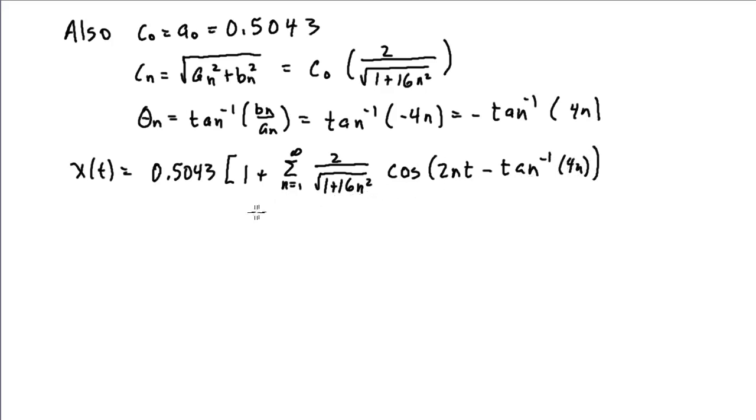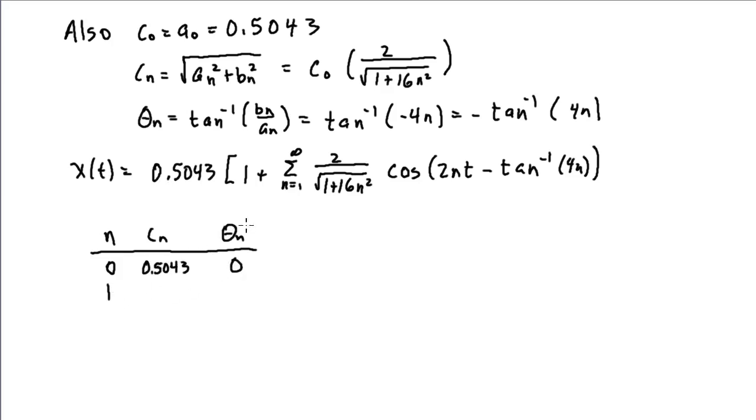Now, in order to plot these, probably the first thing I want to do is actually make a little table of n, Cn, and theta n. I know for n equals 0, that's my C0 coefficient, for my average value. That's just this constant term here, so there's no corresponding phase angle.